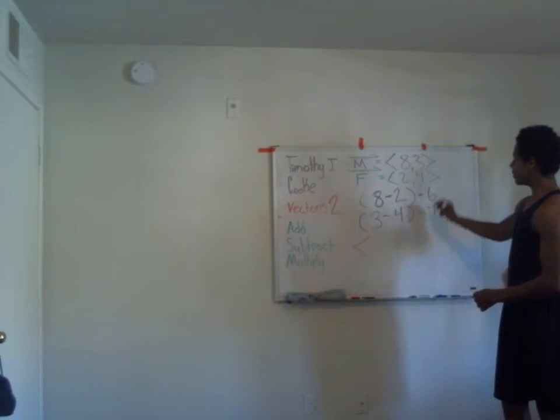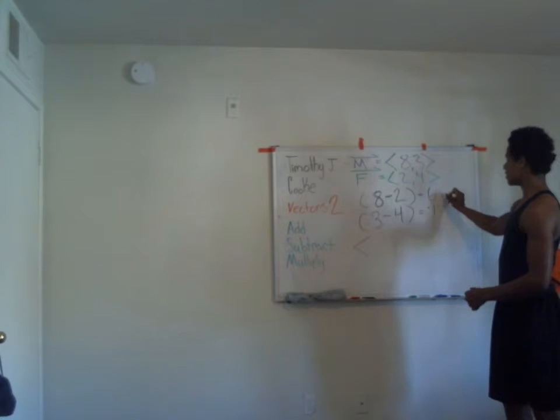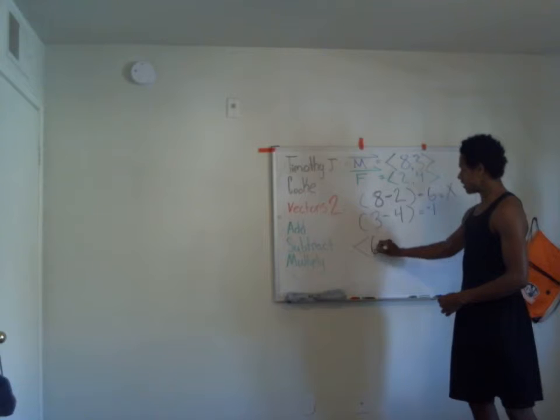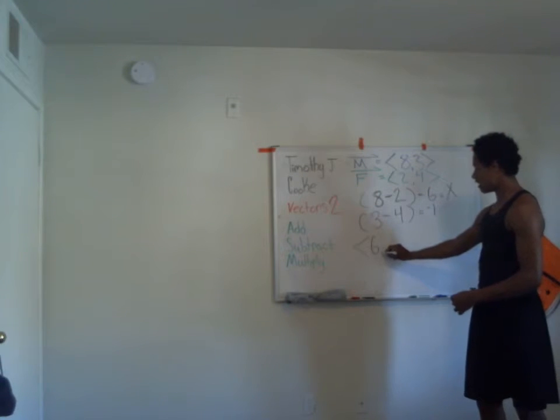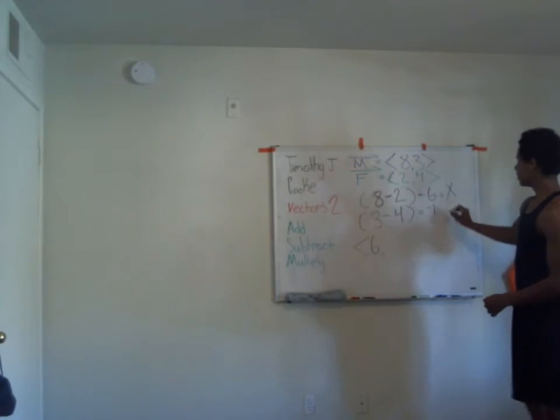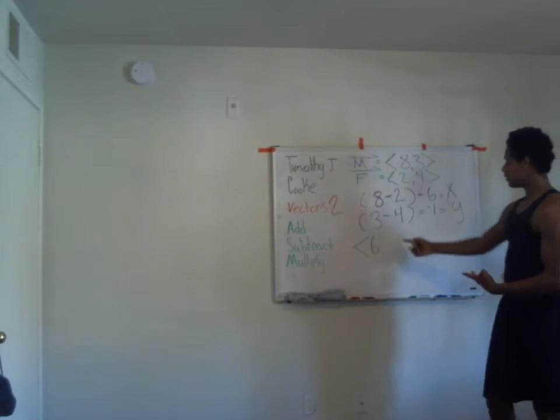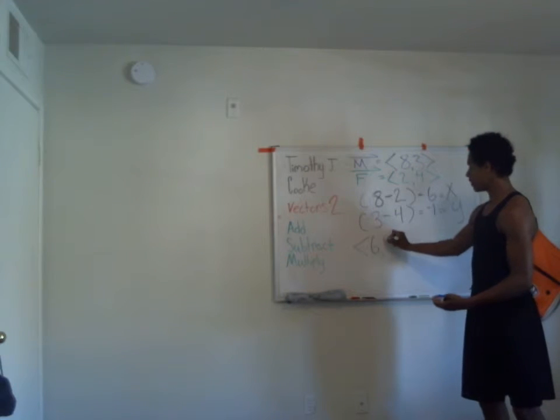And then you put 6, because 6 was equal to our x, right? So you have 6, comma. And since -1 is equal to our y, you put it in the y space, which is going to be -1.